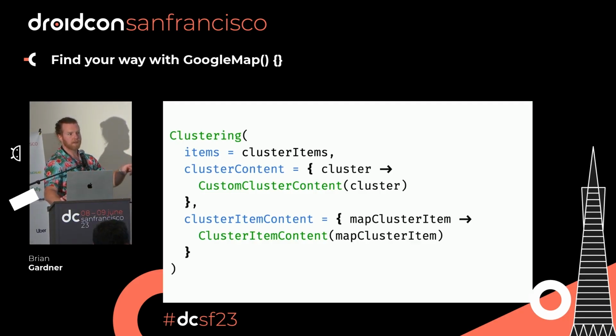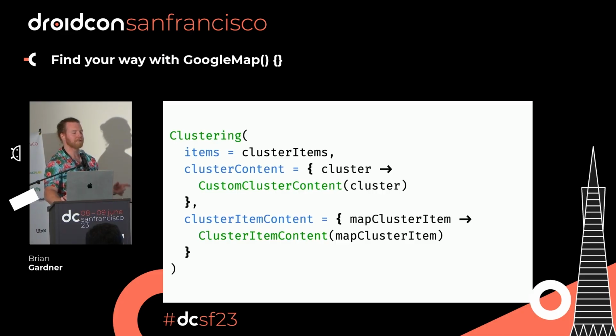For a single item, there's a cluster item content composable that just gives you your cluster item class, so you can display whatever you need to for that single item. Now, in my case, I was like, cool, it's a single item. I'm just going to use the like custom marker composable that I had created before and pass it in here.